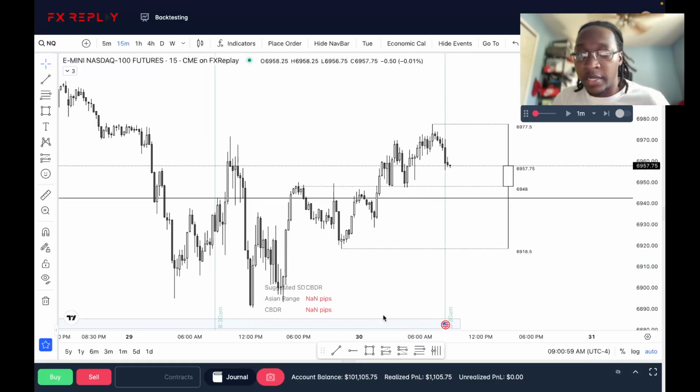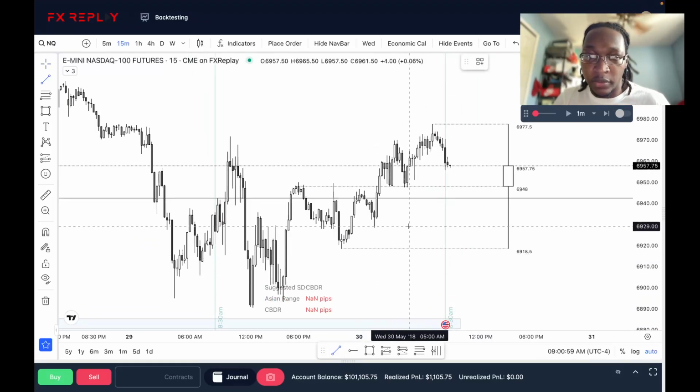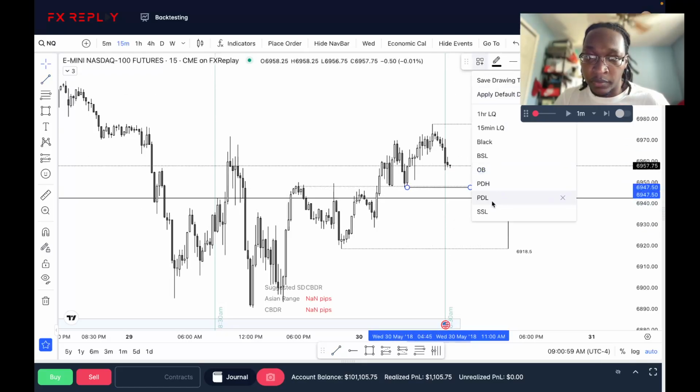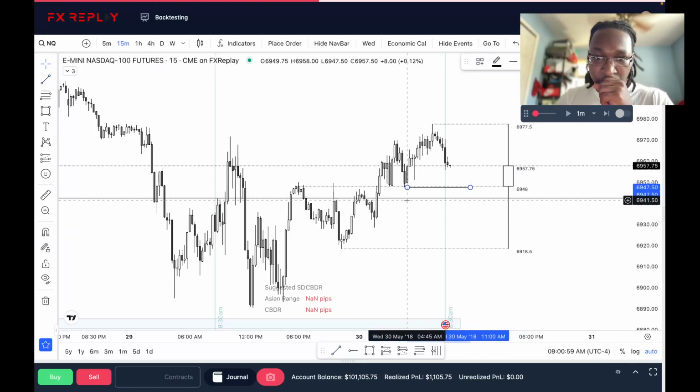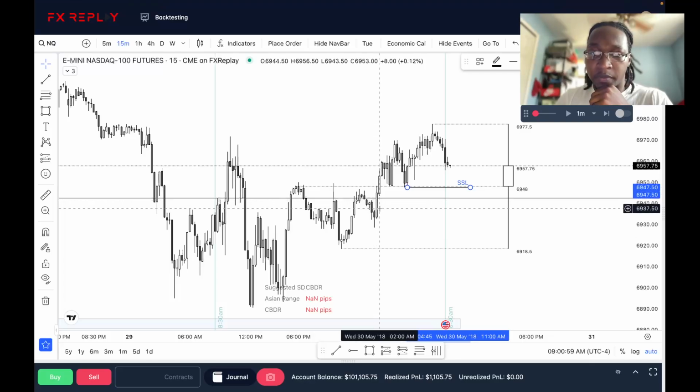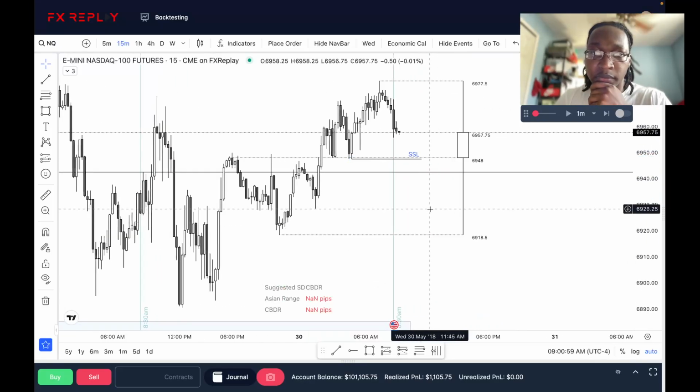But we may get some good action inside of this. We had 8:30 news. So we could possibly run this low here, tap into the daily open, tap into this fair value gap, and then push higher.